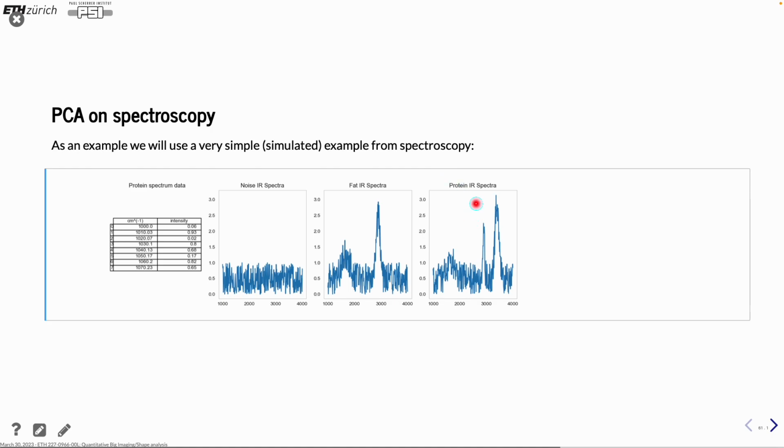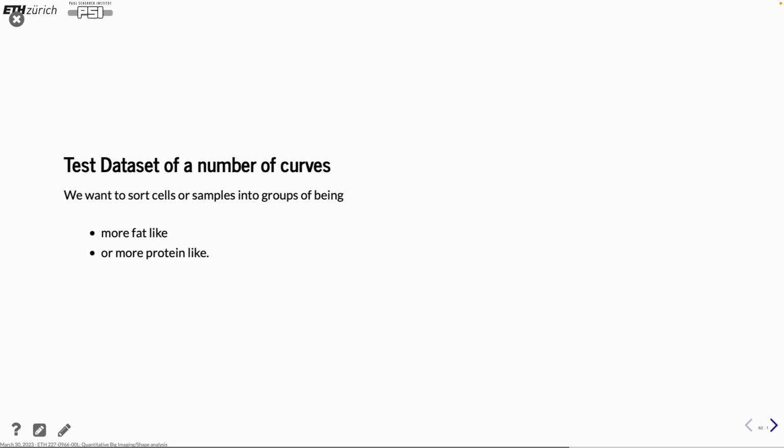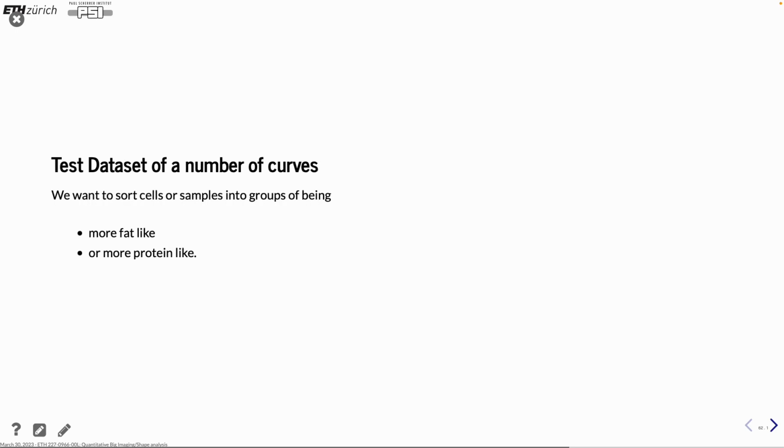And if you have a large amount of these data sets and want to detect which is fat and which is protein, it's not very obvious looking at a lot of these curves. So what we can do is now to take a load of data and look into which kind of cells are more fat-like and more protein-like.